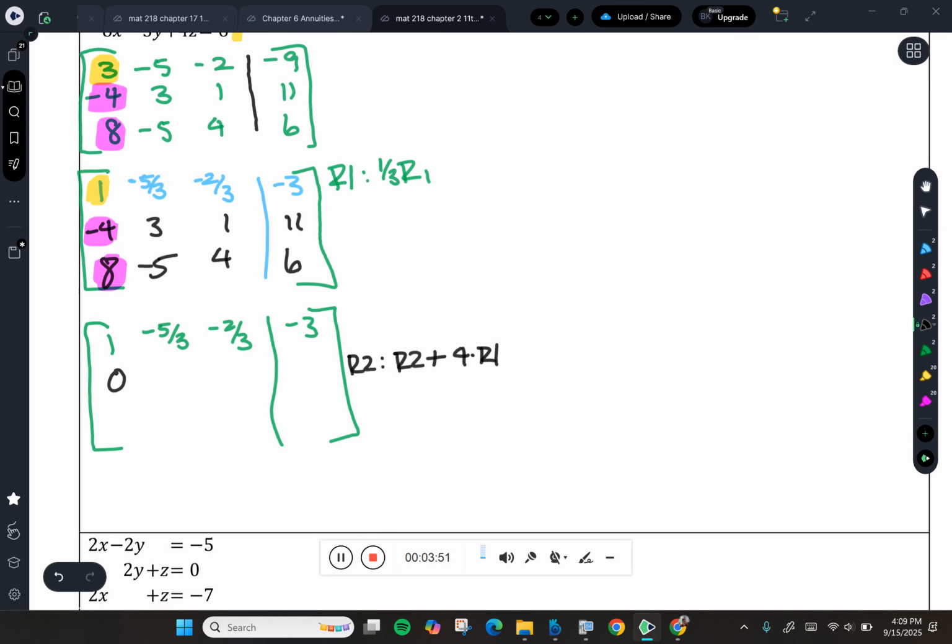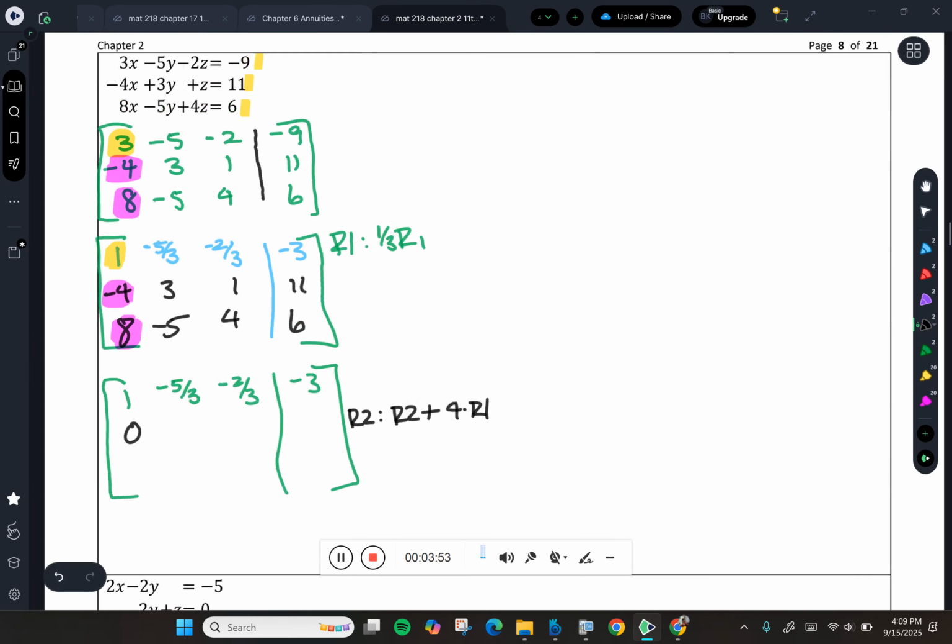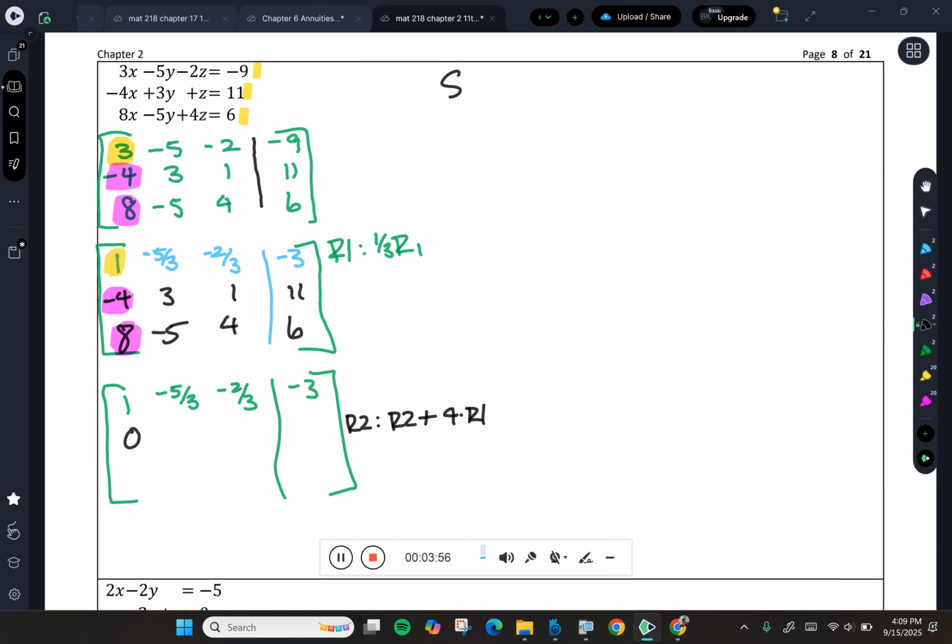Now for the rest of the entries in that row, I'm going to have to do some scratch work over here to the side. The second entry is going to be the old row 2 entry, the 3 from right here, plus 4 times the row 1 entry, so plus 4 times -5/3.